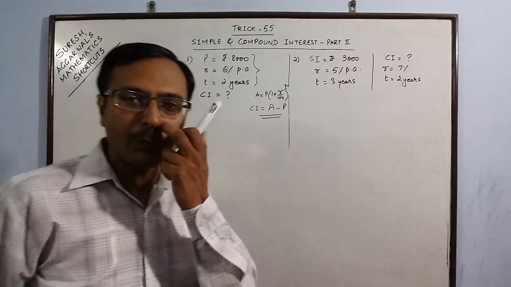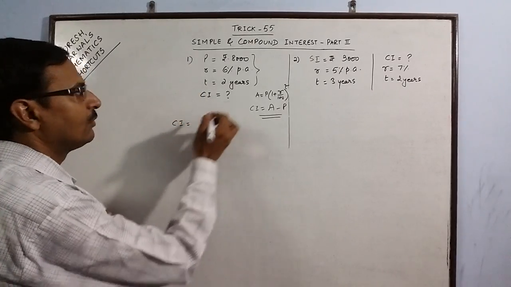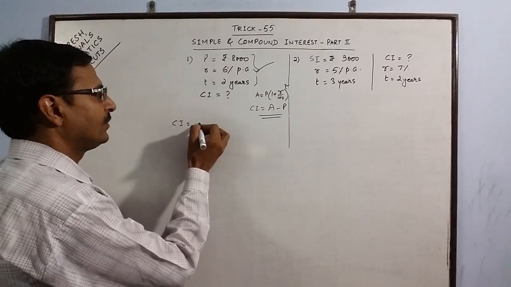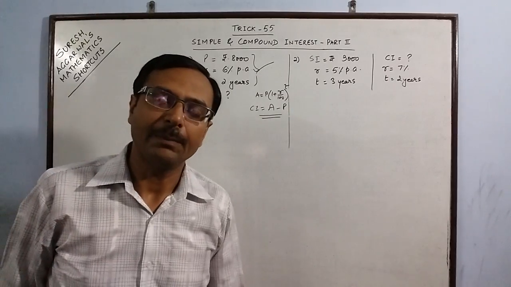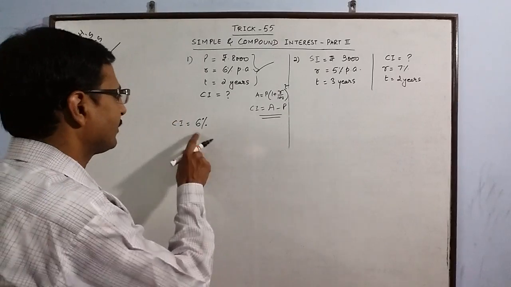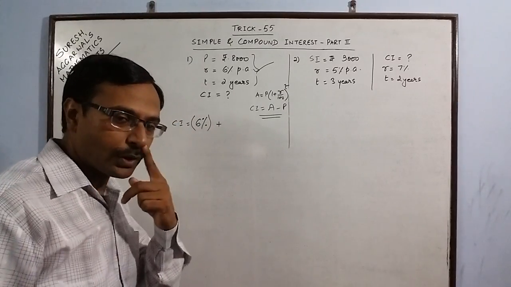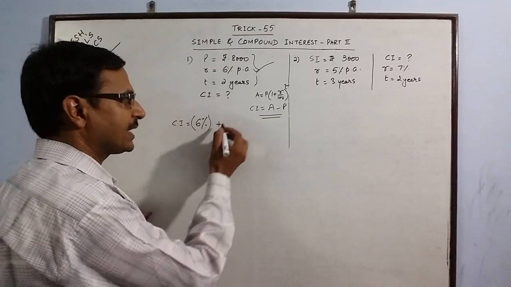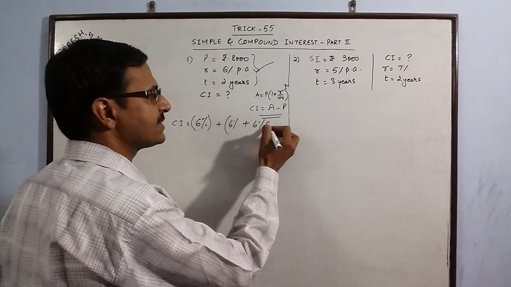First of all, what we do is we calculate the total compound interest. For the first year, the interest is given as 6% per annum. Per annum means for 1 year, so it is for the first year. And I told you in my previous video also what you do for calculating the interest for the second year: 6% plus 6% of 6.